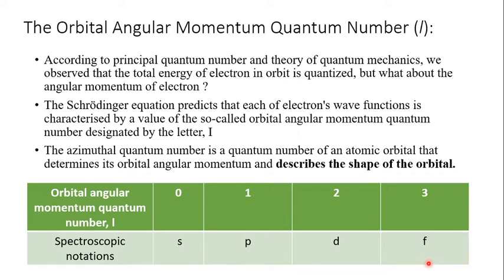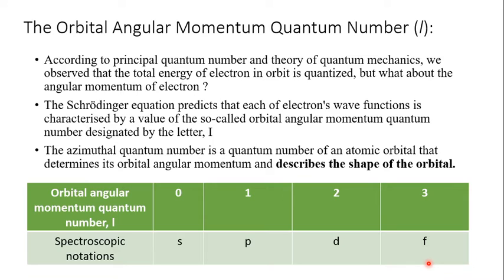So, the azimuthal quantum number is a quantum number of an atomic orbital that determines its orbital angular momentum and describes the shape of the orbit. So, the principal quantum number describes the energy of the electron, whereas the azimuthal quantum number describes the shape of the orbit.